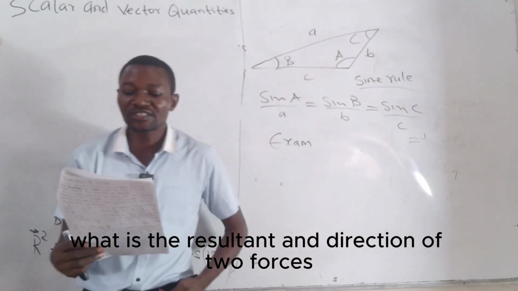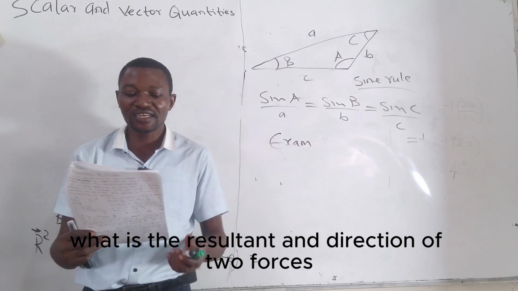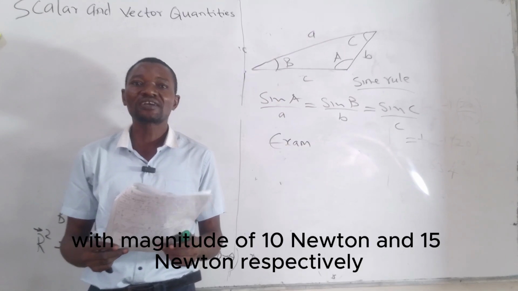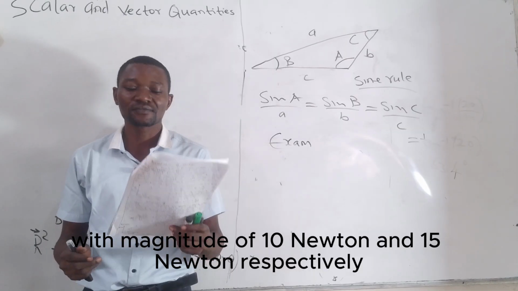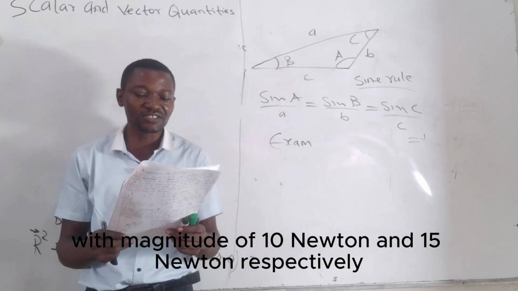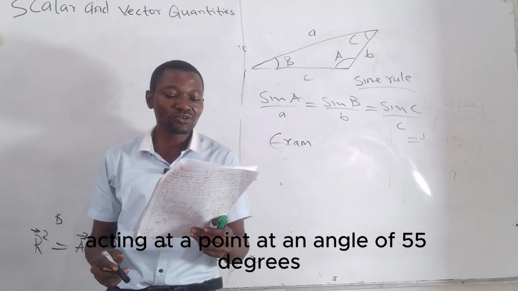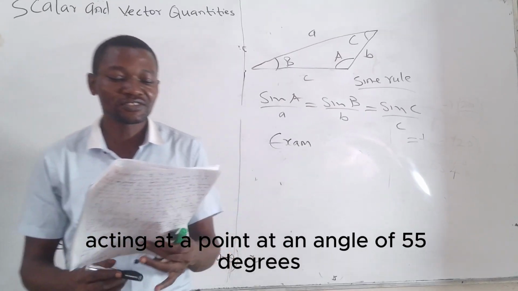What is the resultant and direction of two forces, A and B, with magnitudes of 10 Newton and 15 Newton respectively, acting at a point at an angle of 55 degrees?